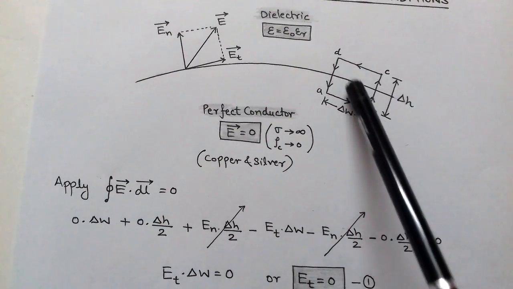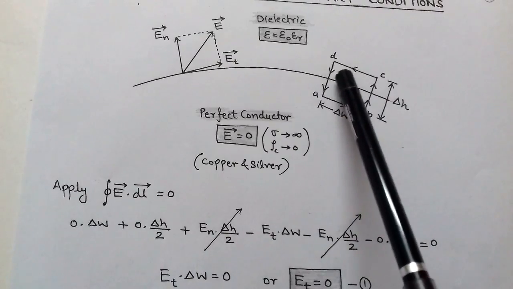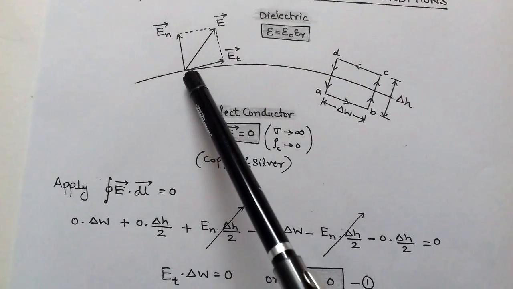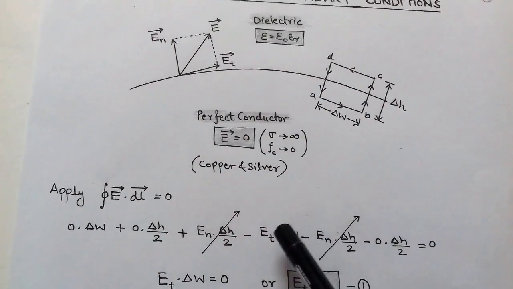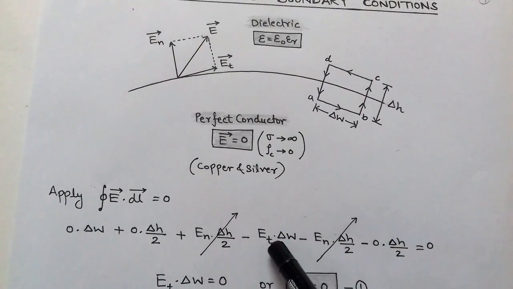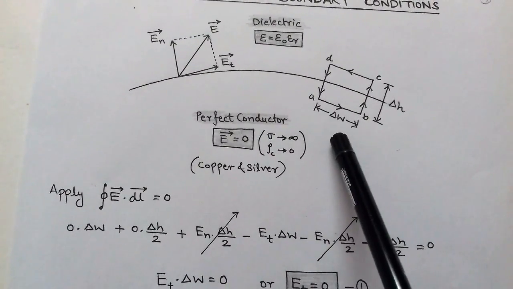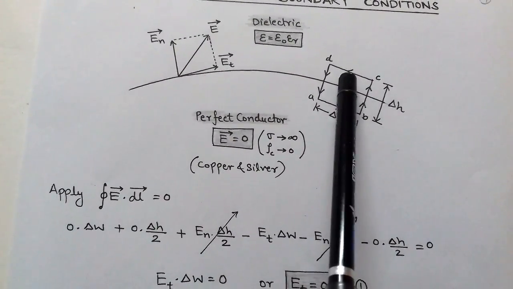In the third path, that is the CD path, this path is opposite to the tangential component of E. So it is minus Et into delta W, where delta W is the width of this CD path.